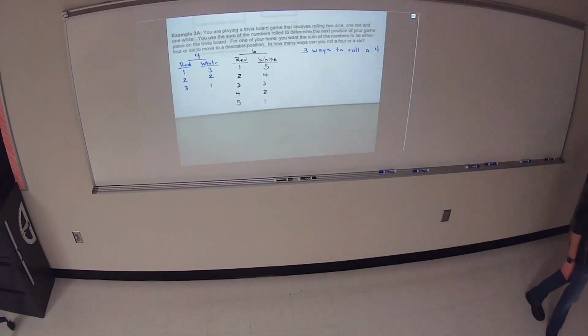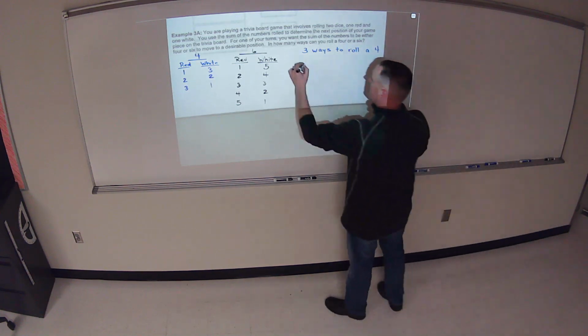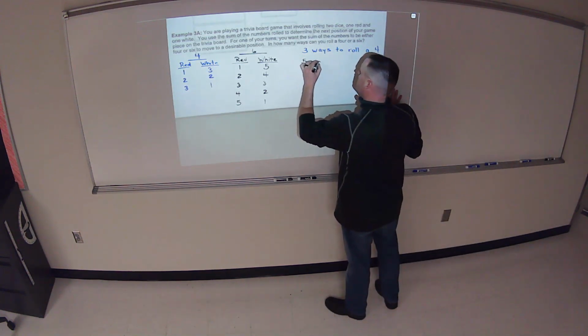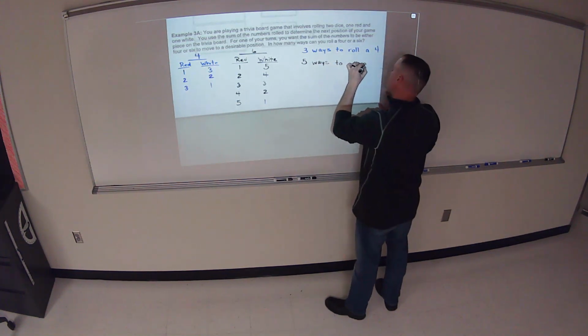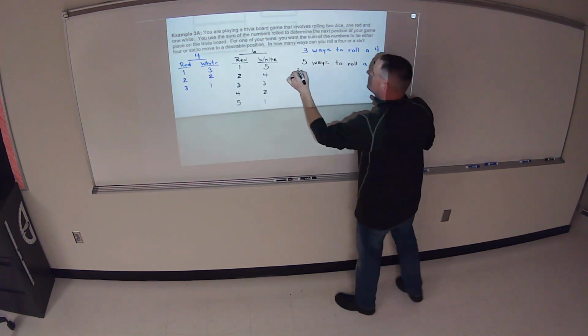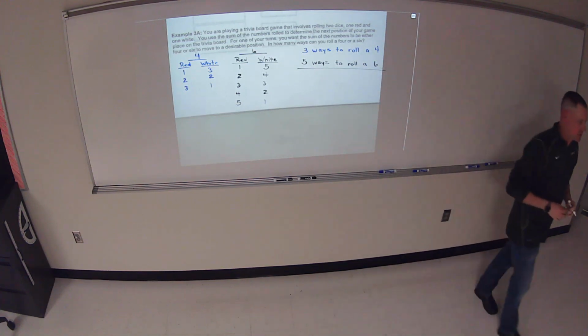Okay, so how many different ways can we roll 6s? Total of 5 ways. So there are 5 ways to roll a 6. So now this is where I can use the addition principle.